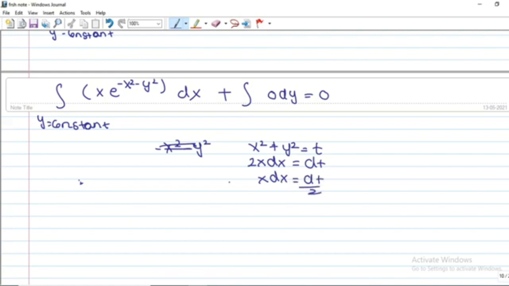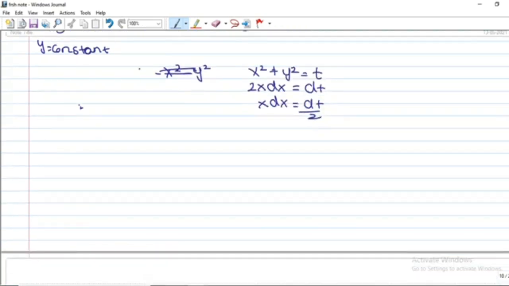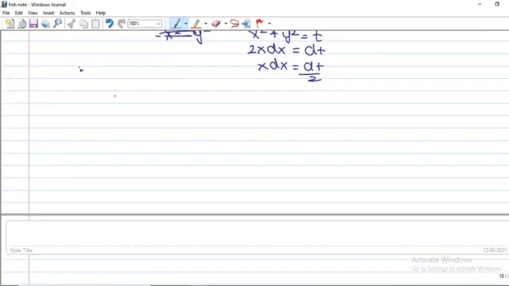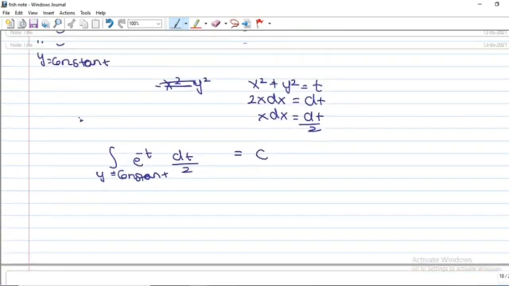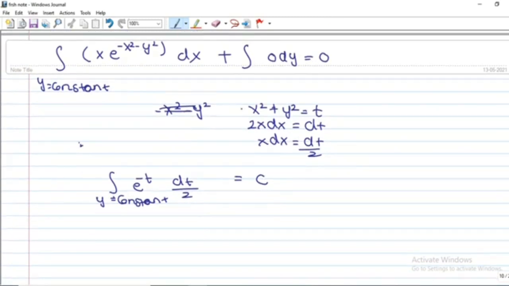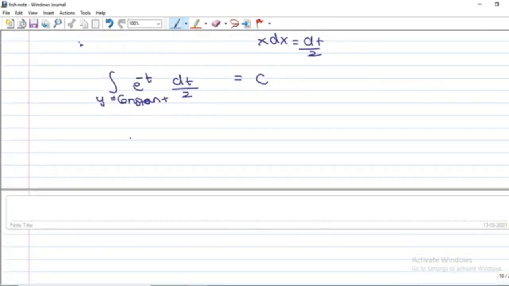We can substitute this in the given equation, which will give us y constant, integral of e power minus t into dt by 2 equal to c, because that 0 when integrated will become nothing. Finally, if I integrate this, 1 by 2 will be as it is, e power minus t, and its differentiation will be minus 1. And finally, it is equal to constant.